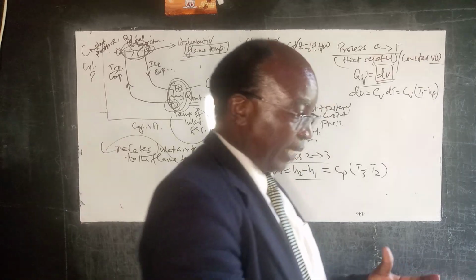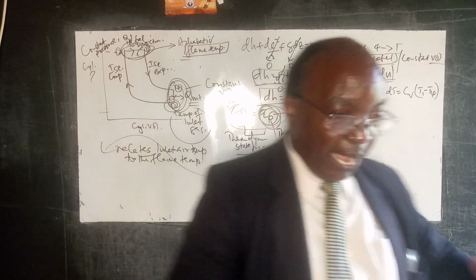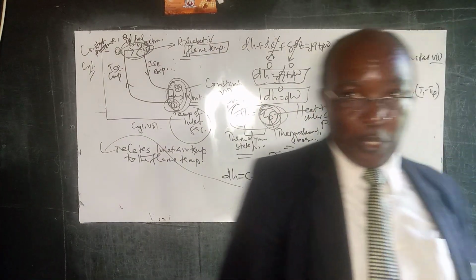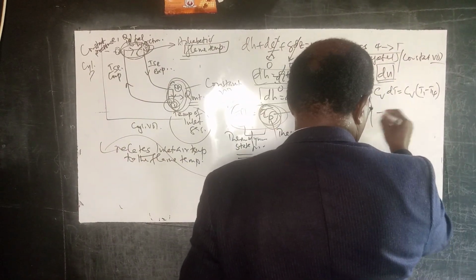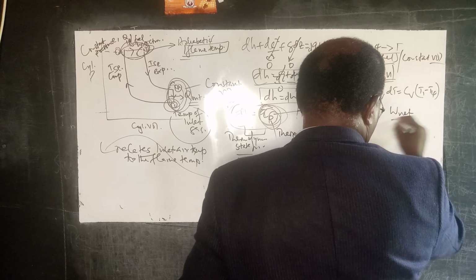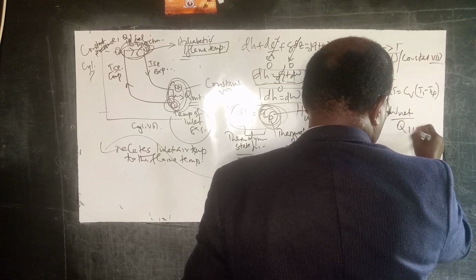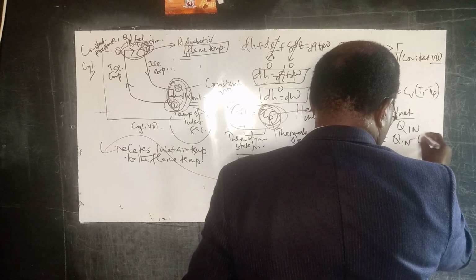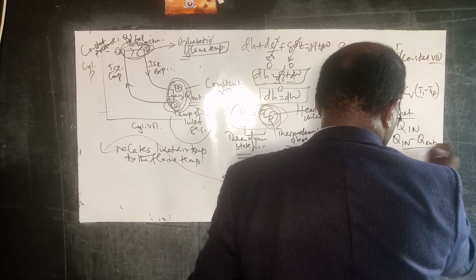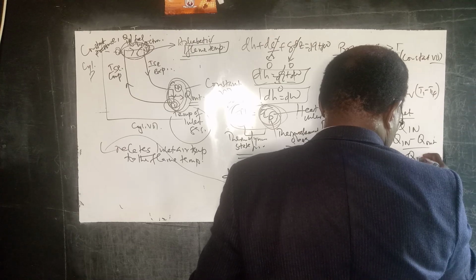Now, in terms of heat, remember we had said for the first law, because dU is 0 for that cycle process, then W is equal to Q. That is, W is equal to Q. So we can express the efficiency, which we said was W net over Q in, as being Q in minus Q out over Q in.